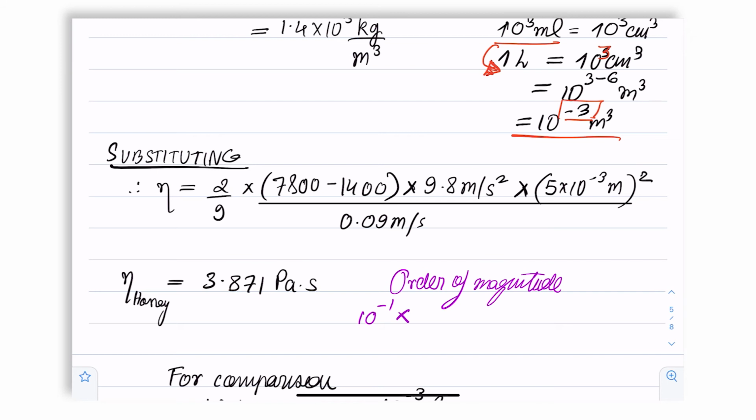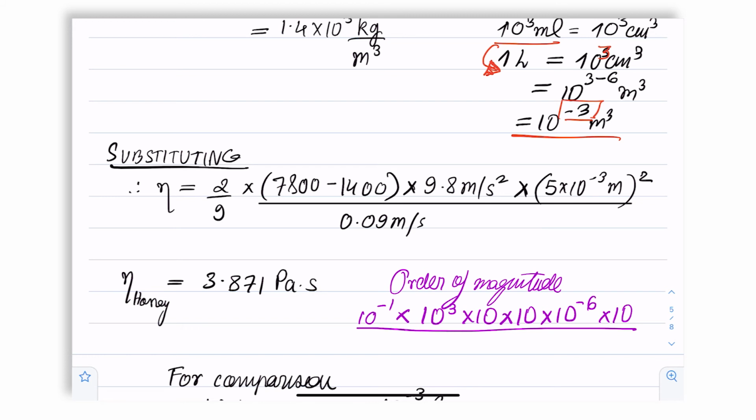So that becomes 10 to the power 3, and 6 rounding off is 10. 9.8 meters per second square is 10. 5 into 10 to the power minus 3 squared is 10 to the power minus 6, and 25, which we will take as 10.